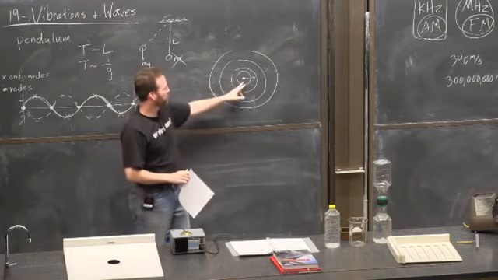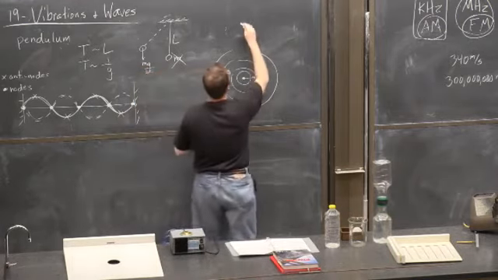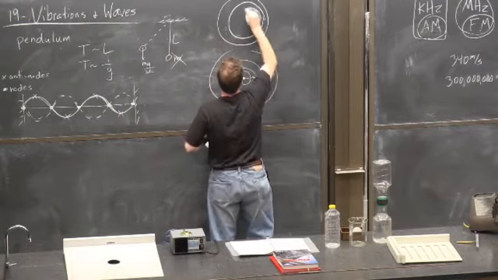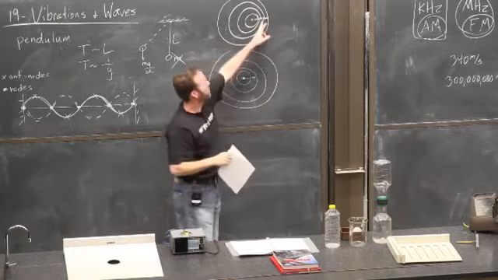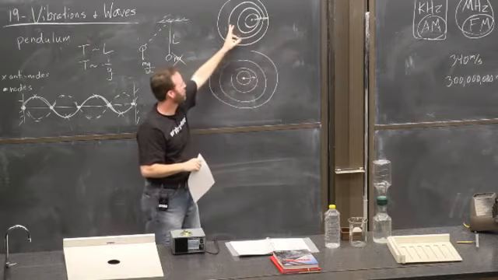The Doppler effect is when this speed is less than the waves. What happens is, if I can draw it, they get smushed together here. That's why the frequency increases as it's coming towards you. And they get spread apart here.